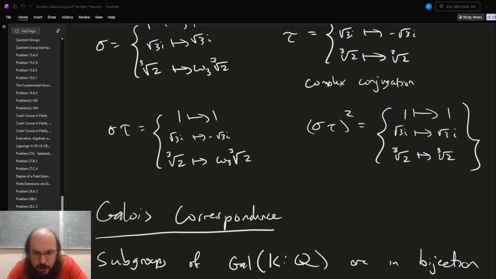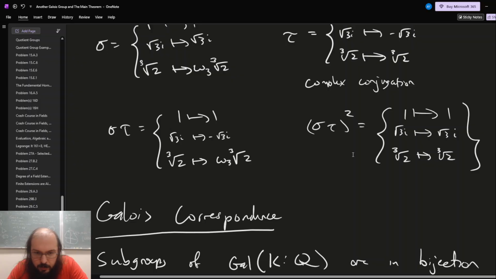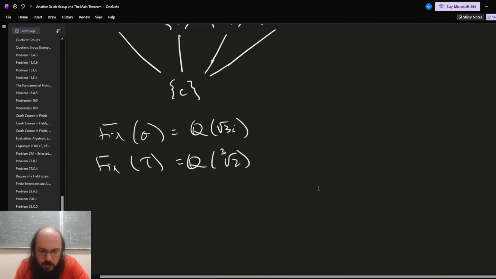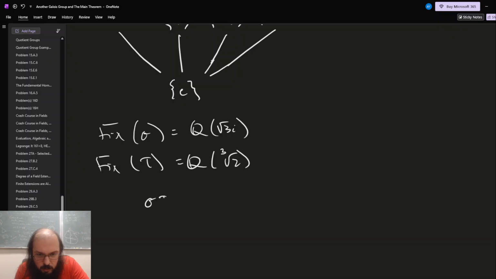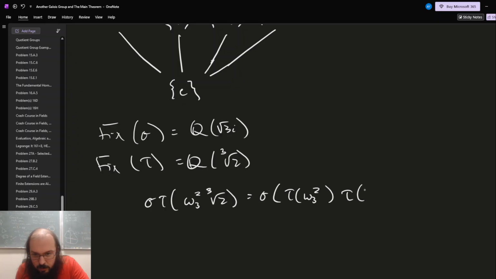So I want to try omega 3 squared. Yeah, let's try sigma tau of omega 3 squared times the cube root of 2. This is sigma, and then we have tau of omega 3 squared, tau of the cube root of 2.